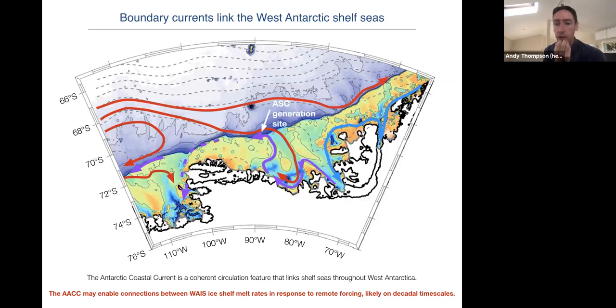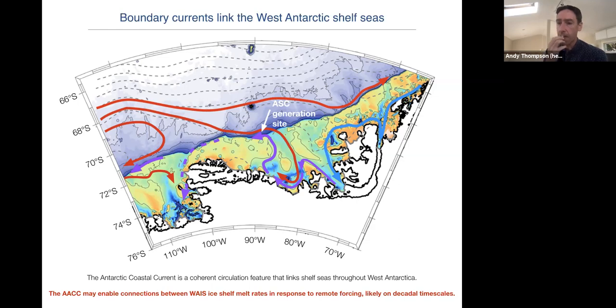And so again, this picture that the Antarctic Coastal Current may enable connections between the different shelf seas, and in particular will be interacting with ice shelf melt rates, suggested this idea that the Antarctic Coastal Current may help to transport or carry signals of remote perturbations throughout West Antarctica.